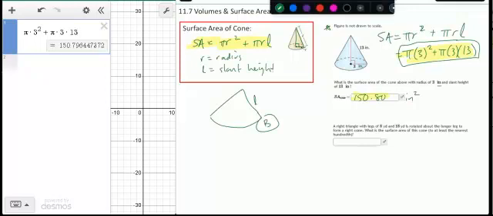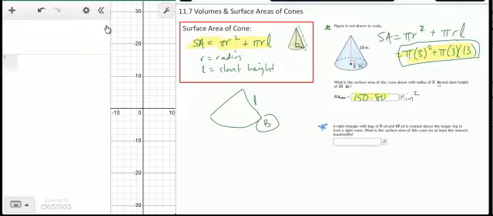All right, I want you to try this last problem here. Again, it's indicative of what you would likely see that's a little more challenging or has multiple steps to solve it.